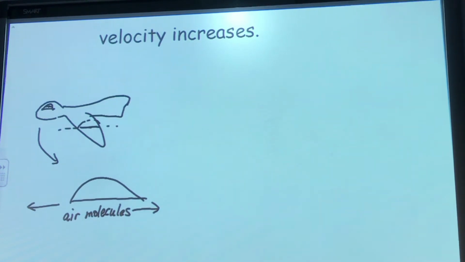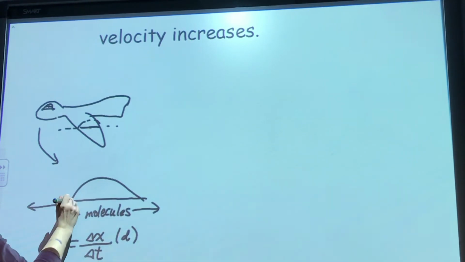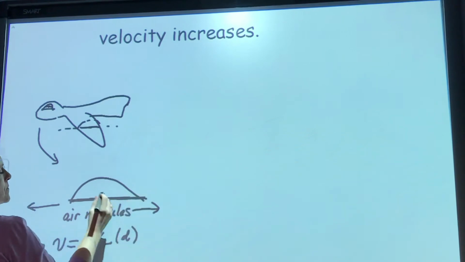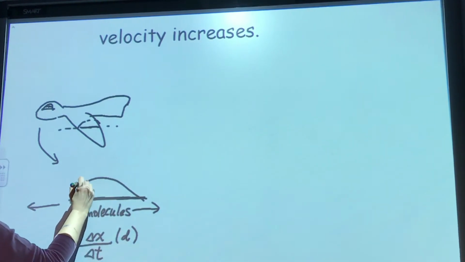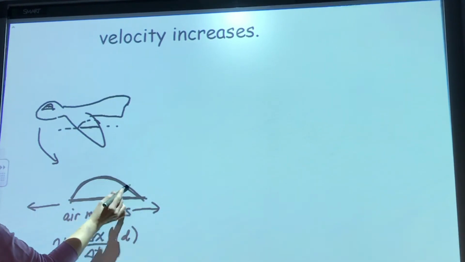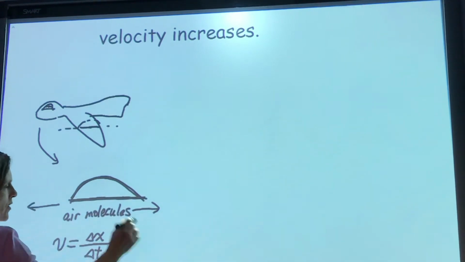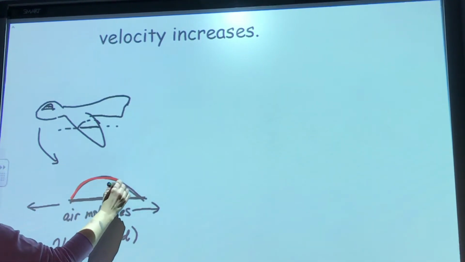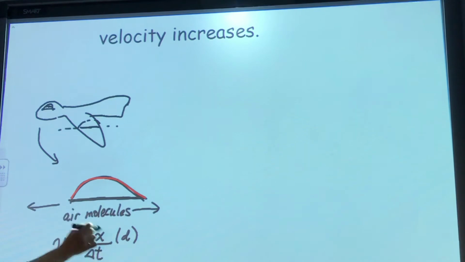And the reason is simply this. What's velocity? Velocity is displacement over time, right? And displacement is a length or a distance, okay? This has a certain length right here. If we were to take this and stretch it out straight, would this length be longer, shorter, or the same as this length?